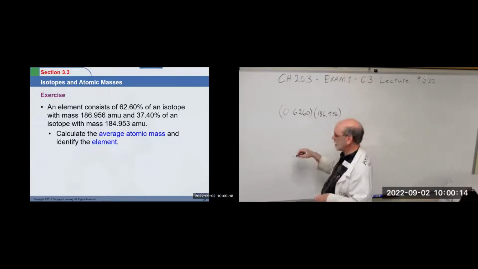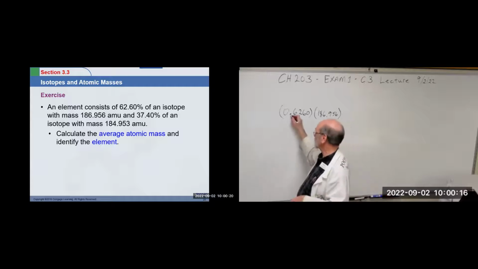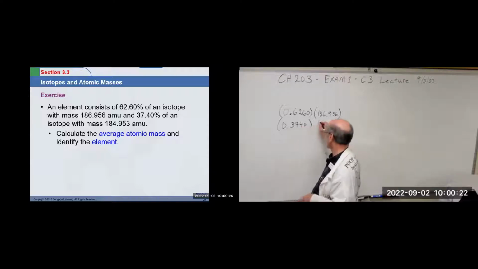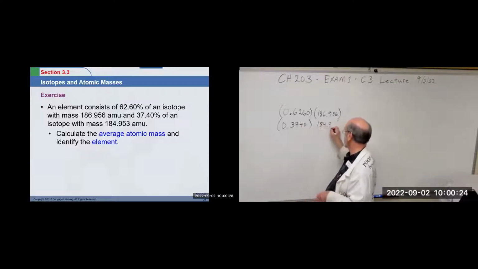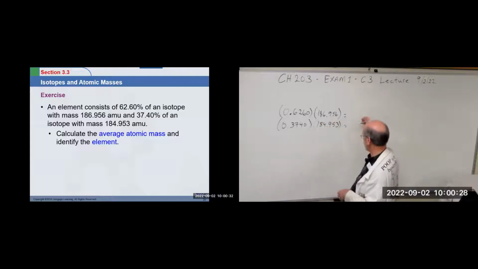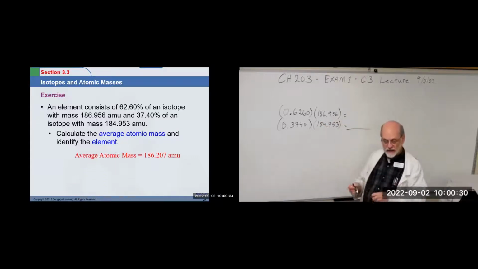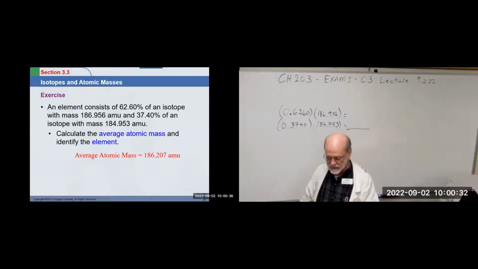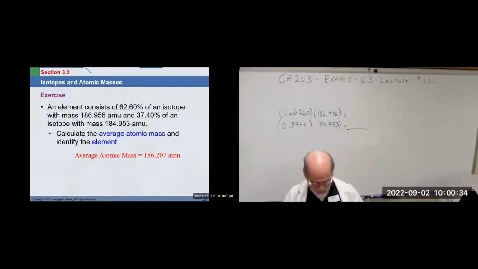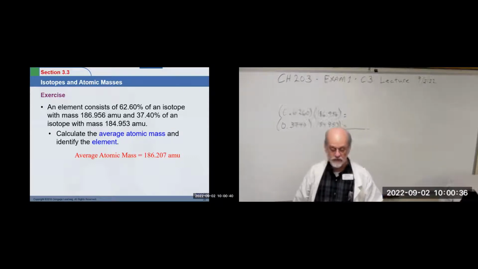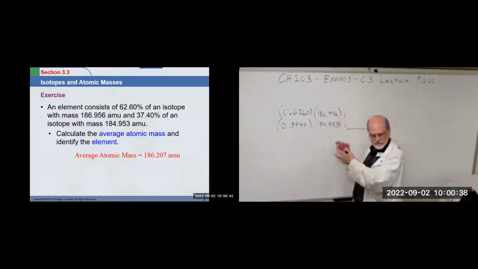Yeah. And then the other one, the other contribution for the isotope would be what? Okay. So you get a value for that, add them together, and you get a number. And the number is 186.207 if you do the math. Okay.